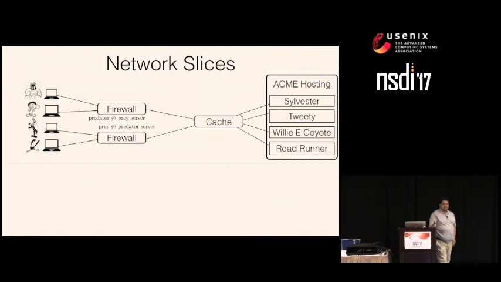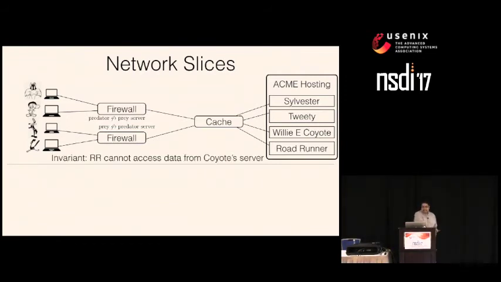So here's an example network with lots and lots of Acme characters. And the basic idea here is, suppose you want to verify something about the Roadrunner and the Coyotes server. So obviously, any subnetwork where you want to verify this invariant, just for this invariant to be meaningful, you have to pick the machines that are specified.